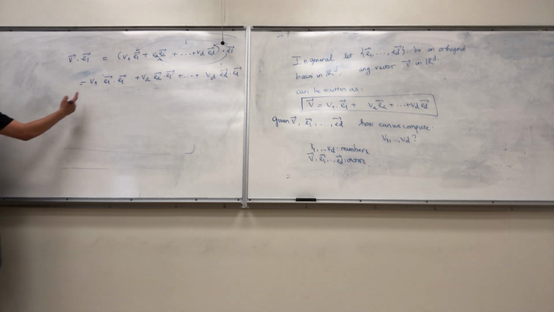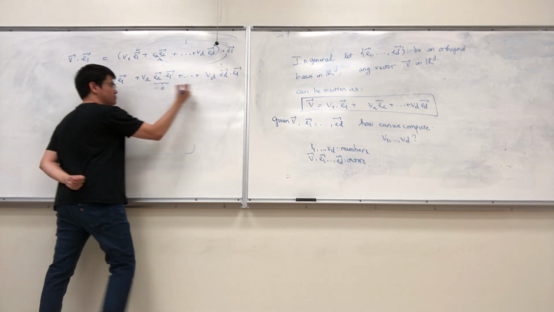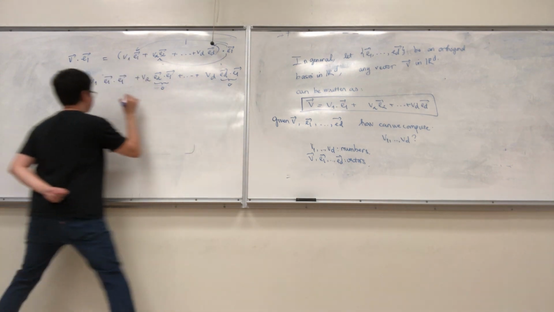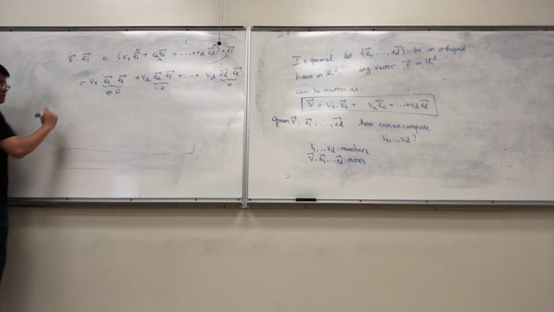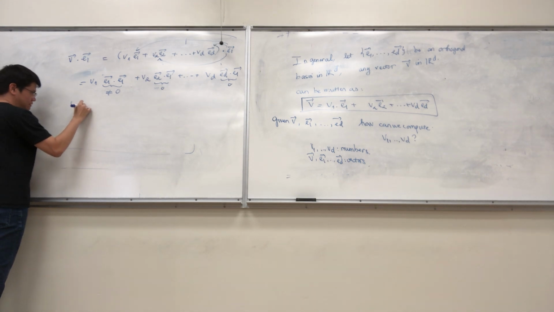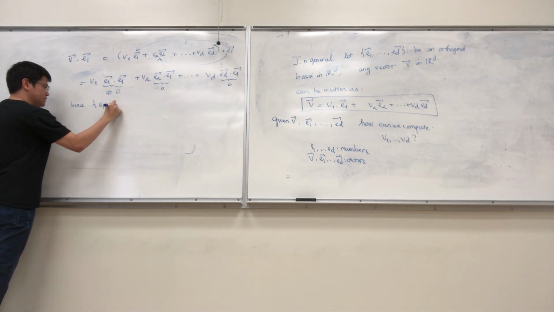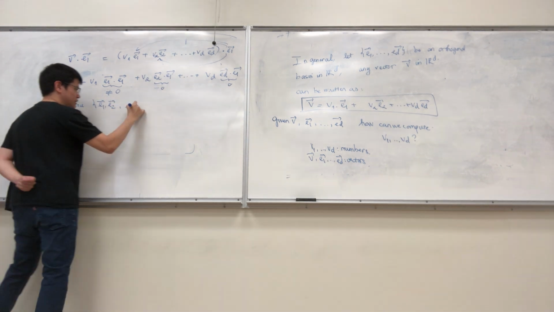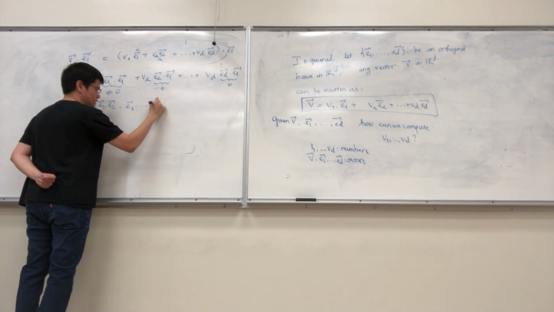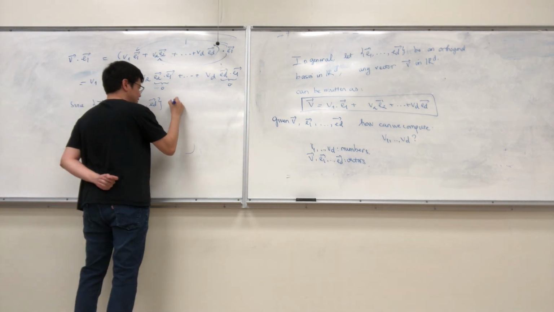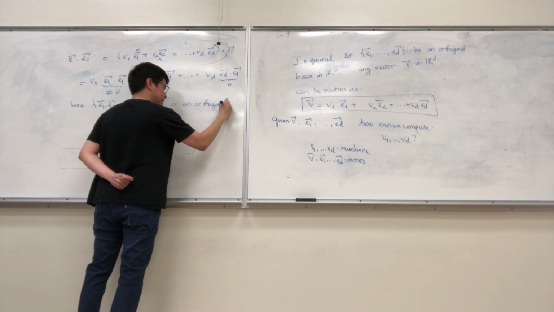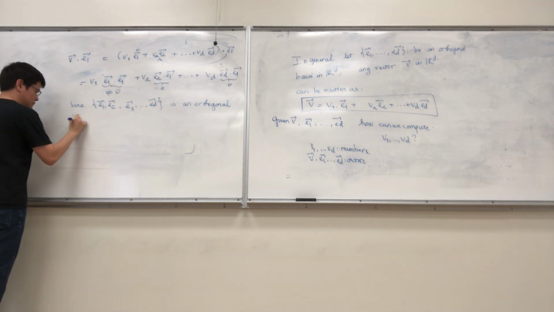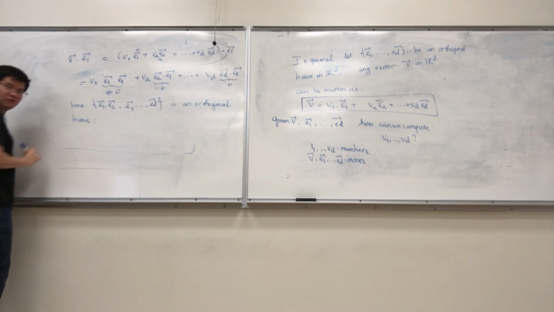Right, so now you see that this is 0, this is 0, and this is not 0, right? So why? Because E1, E2, E3, ED is an orthogonal basis. Right?